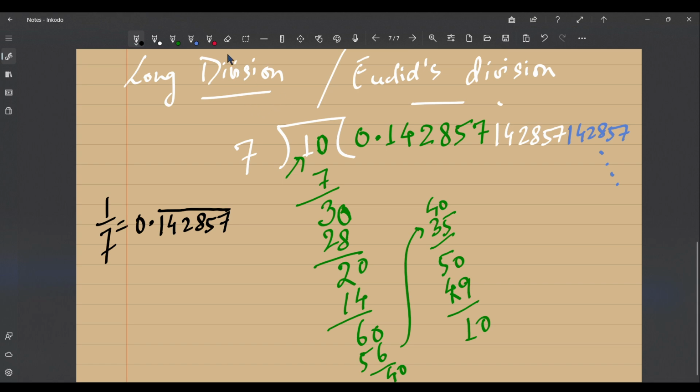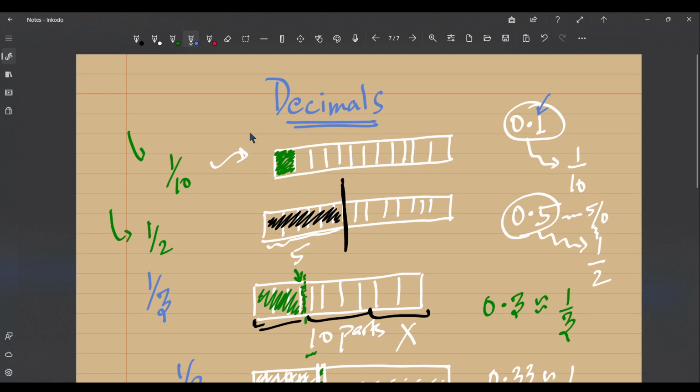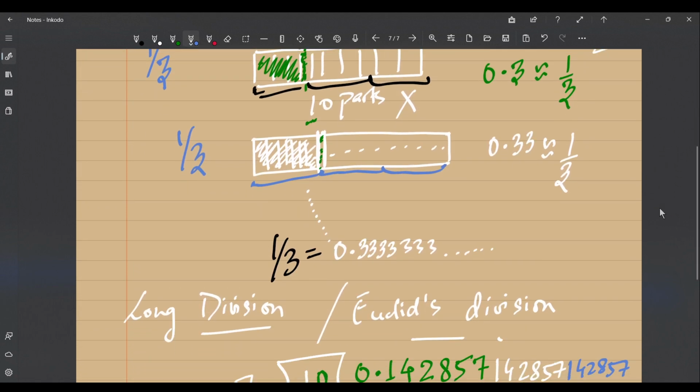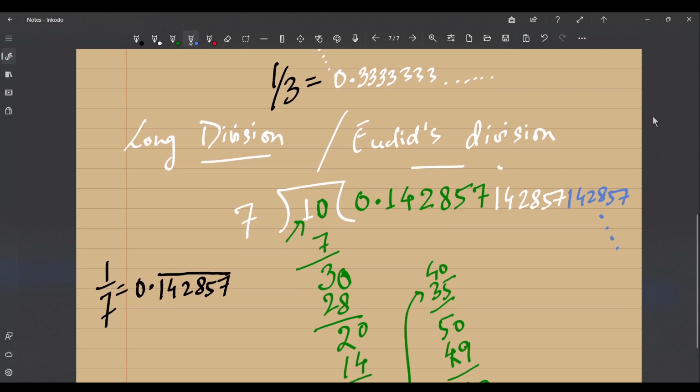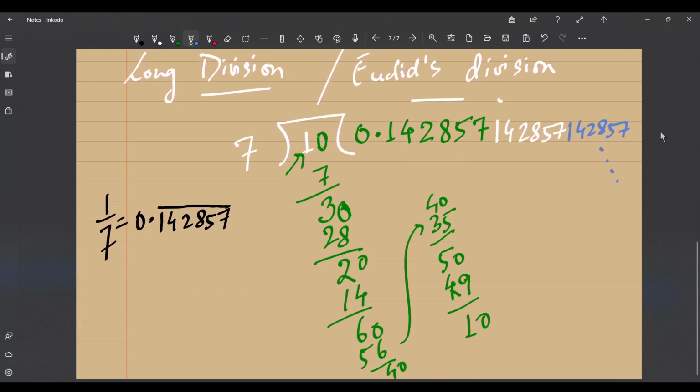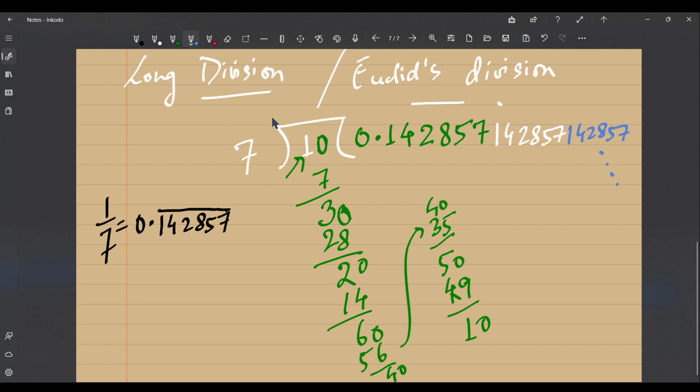This long division method is actually an outcome of the rectangle division we saw earlier. It's just a procedure that lets us find the decimal expansion without actually dividing rectangles. But this procedure can be expanded to any a by b you could think of. As long as b is not 0, you can divide a by b using this method.